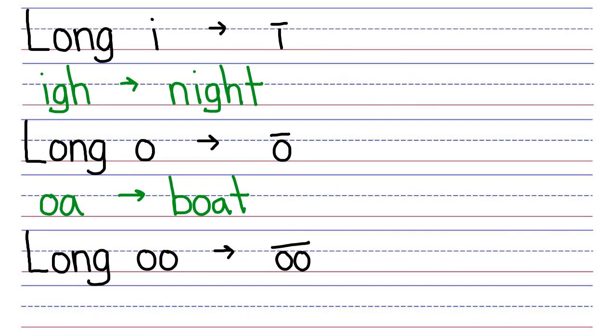This makes the OO sound. The phonogram we have learned here is UI, as in fruit. F says F, R says R, UI says OO, and T says T.